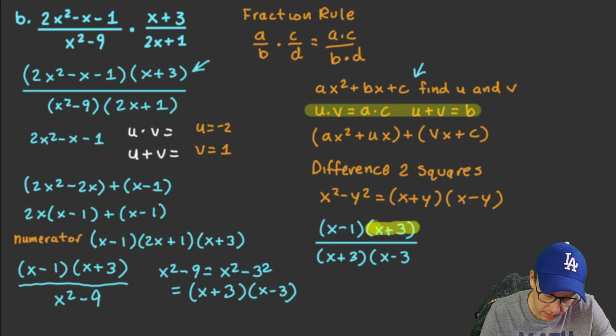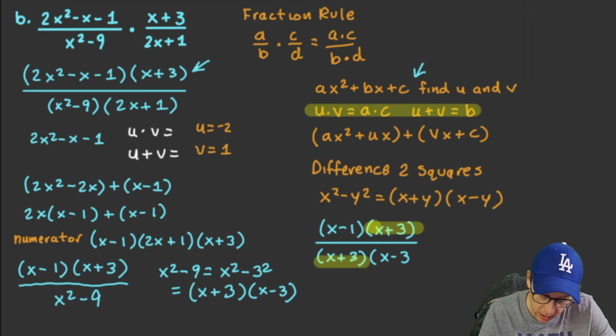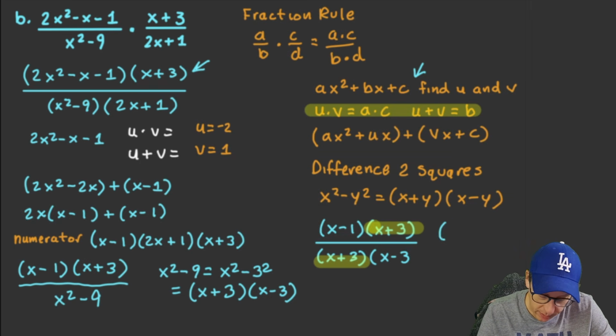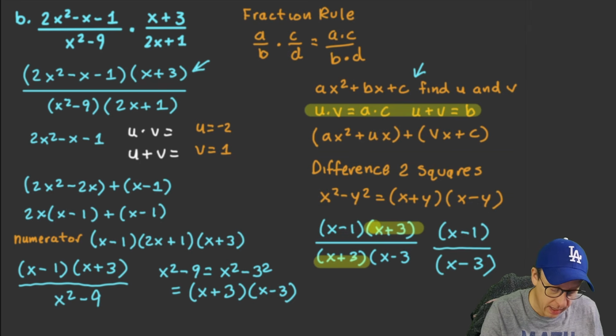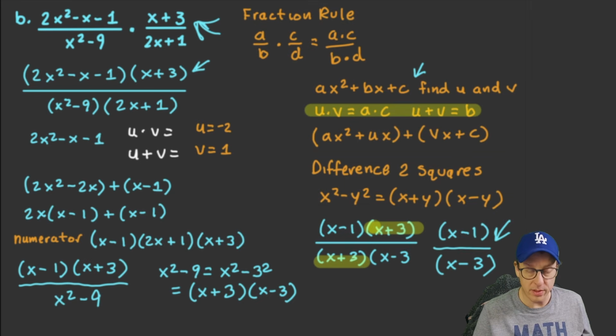This cancels out, this cancels out, and we are simply left with, oops, wrong pen, x minus 1 over x minus 3. And there you go. And that is how you take this ridiculously complicated thing and convert it into this rather simplistic thing.